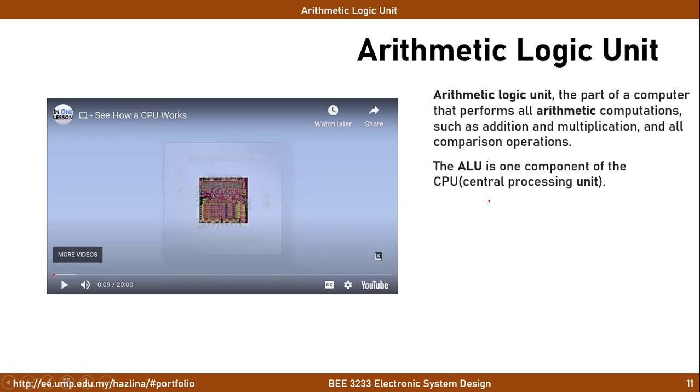So arithmetic logic unit, ALU, is one of the core items in the CPU, central processing unit. Now here there is a suggestion of a video that you could watch to understand better the arithmetic logic unit and CPU function in a computer.